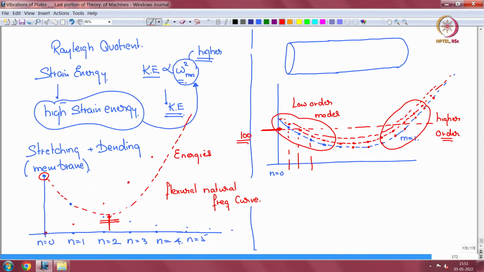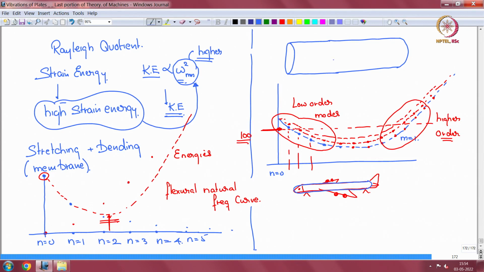Now if we consider an aircraft shell, the body, the fuselage, we can consider it approximately as a cylindrical shell with a long aspect ratio.